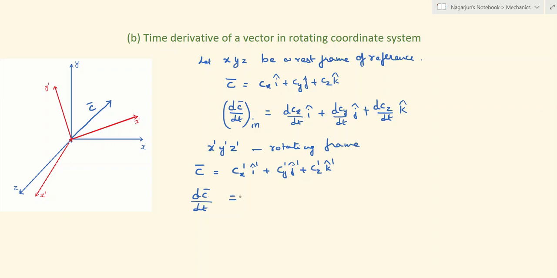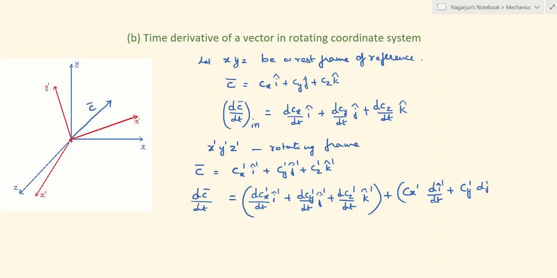So dc bar by dt is equal to, I can express it like this because we have now two variables: dCx dash by dt i cap dash plus dCy dash by dt j cap dash plus dCz dash by dt k cap dash, plus Cx dash di cap dash by dt plus Cy dash dj cap dash by dt plus Cz dash dk cap dash by dt.